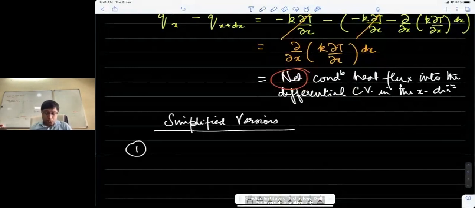The first, most simplified version is, let me say, if conductivity was a constant.